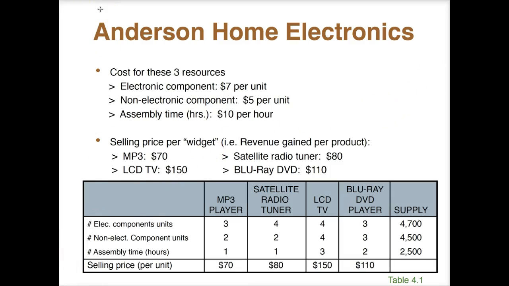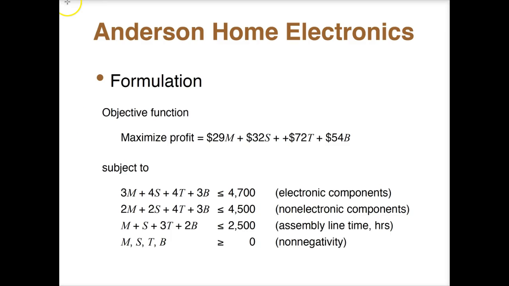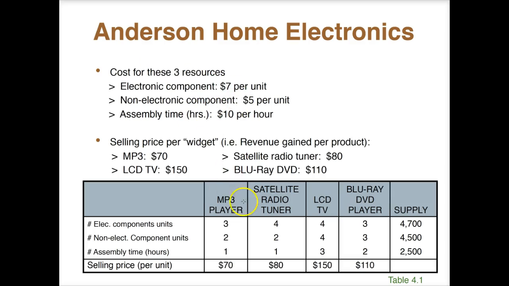So if we put all this together and actually try to model it, of course we're going to define what our variables are going to be. I'll go back a slide here so that we can do this.